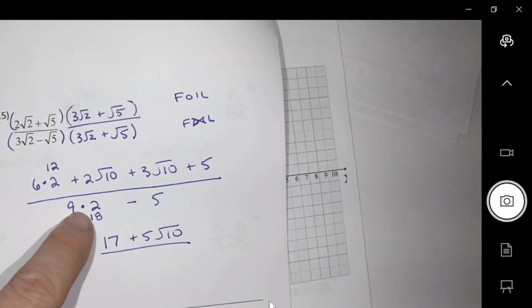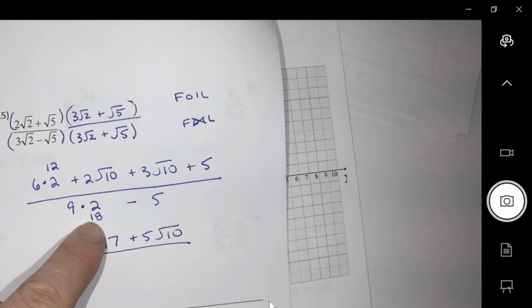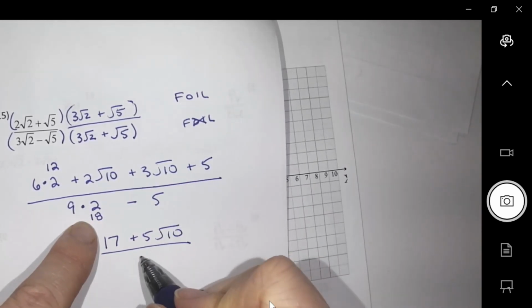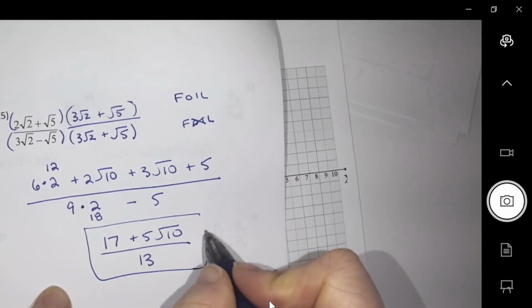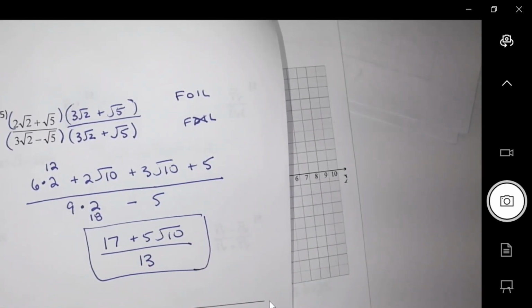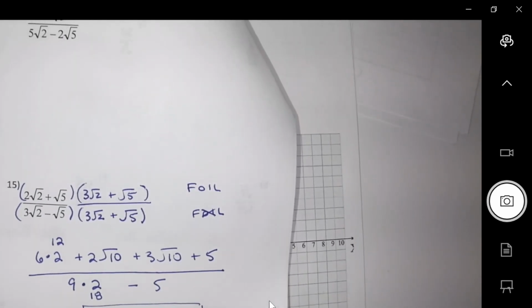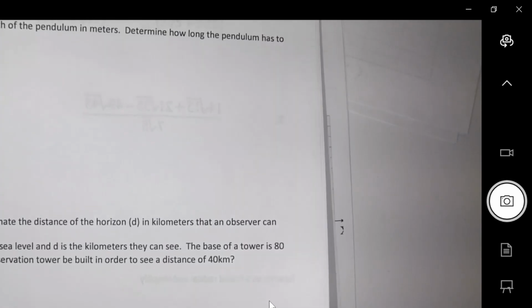So here, the 9 times 2, I'm just going to think 18, subtract 5 is 13. And look at my answer, it does not have a radical in the bottom. Okay, flip.